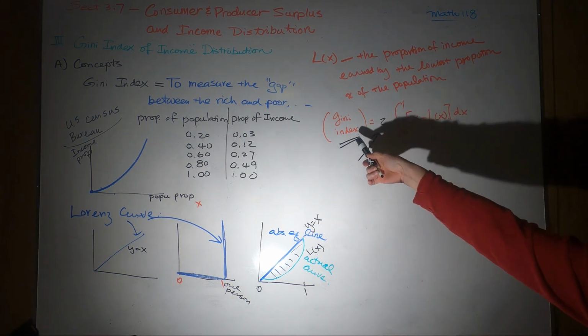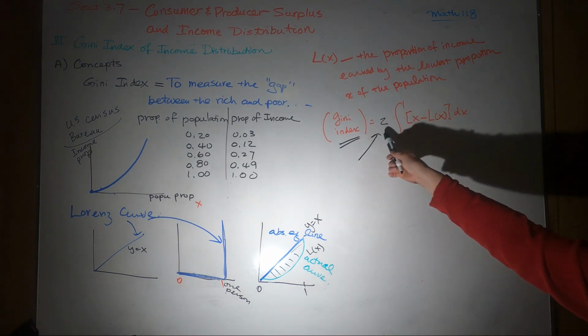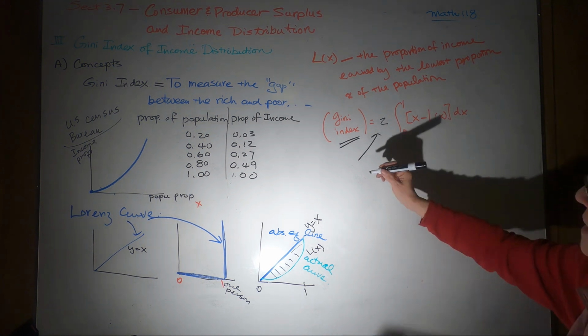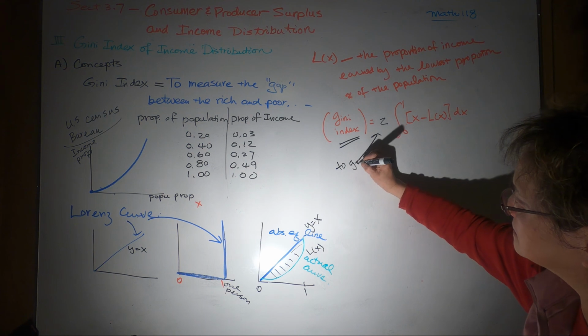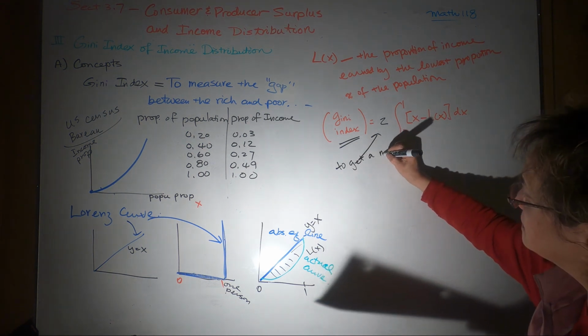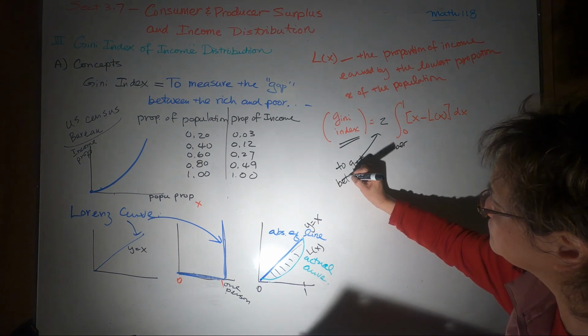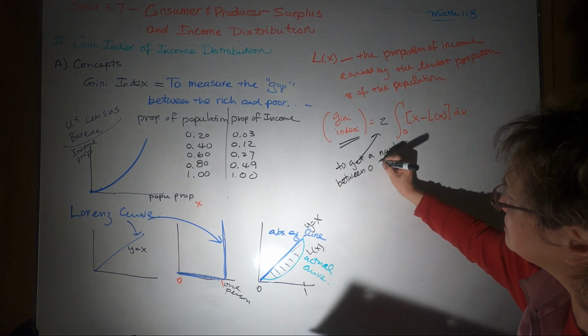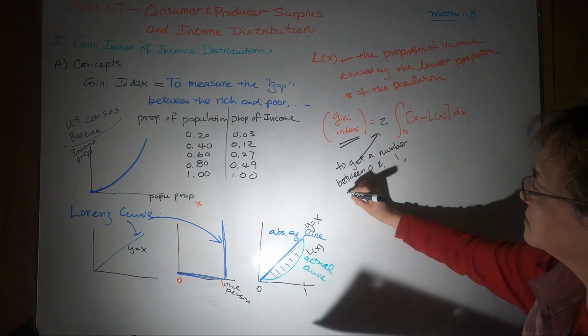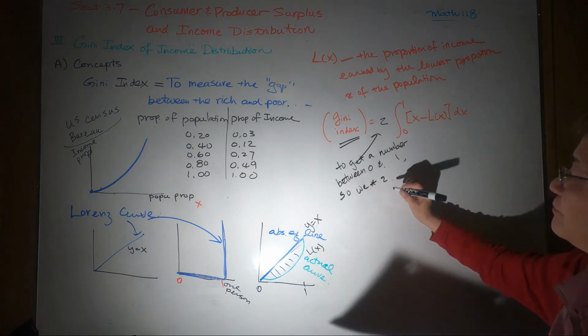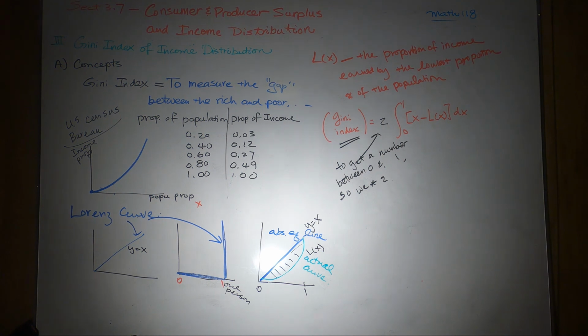They say you calculate the Gini index using this, and they want to get a number between 0 and 1. So we multiply it by 2. It's just an index number for reference.